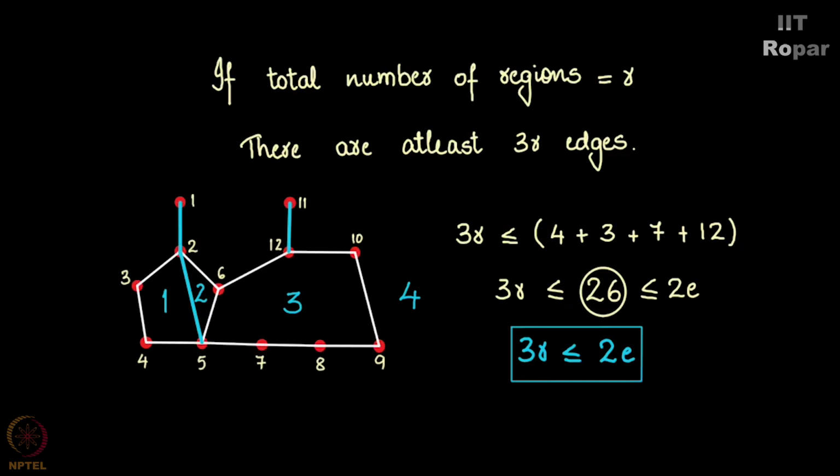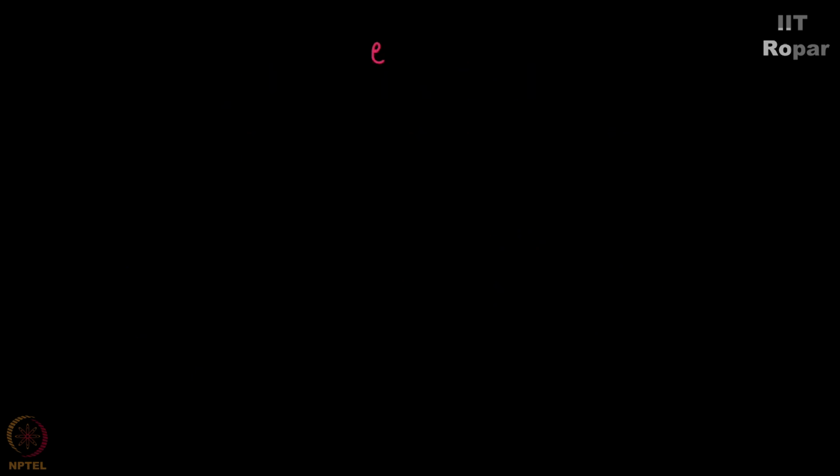Let us look at another inequality now. I also show you that e is always less than or equal to 3v minus 6. It sounds crazy. You see, I'm just going on giving you some inequalities. You probably are wondering, why are we even doing this? Yes, even I would wonder the same if I were in your place, but you will see some magic happen very soon. e is less than or equal to 3v minus 6 always.